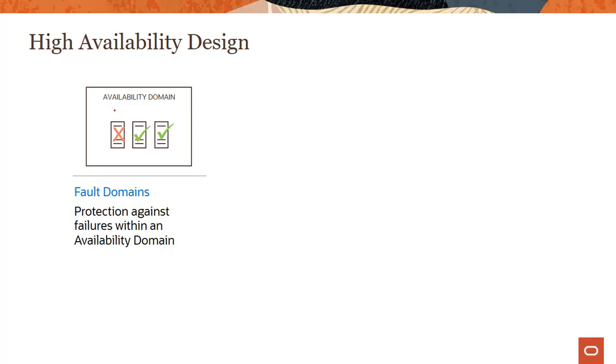So for some reason, if there is a failure in a set of racks, or set of infrastructure, you can still have your applications up and running. You have a choice when you instantiate your compute and database instances. You could actually leverage fault domains. In essence, these fault domains give you a logical data center within your availability domain.